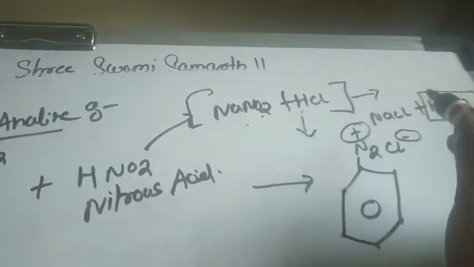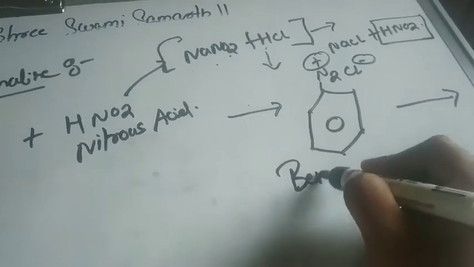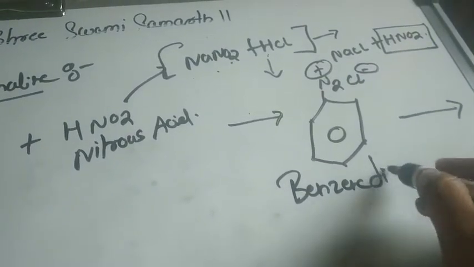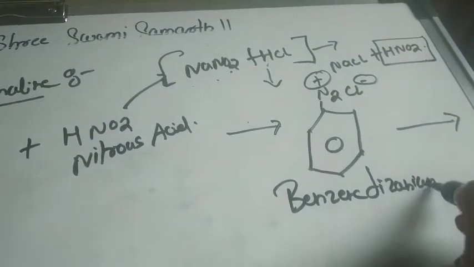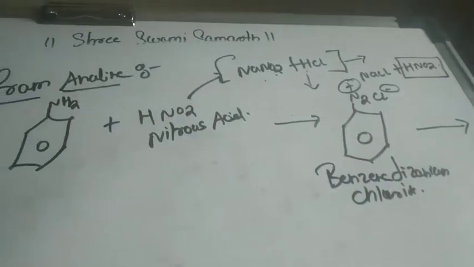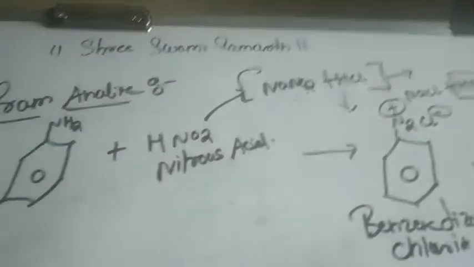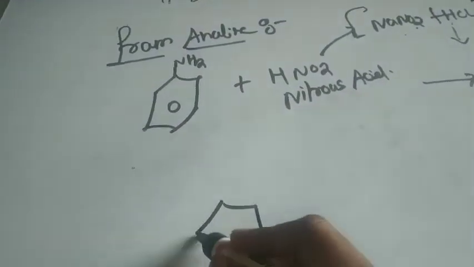N2 plus Cl minus. The name of the compound is benzene diazonium chloride, right? Then this benzene diazonium chloride on further hydrolysis will get converted into phenol.